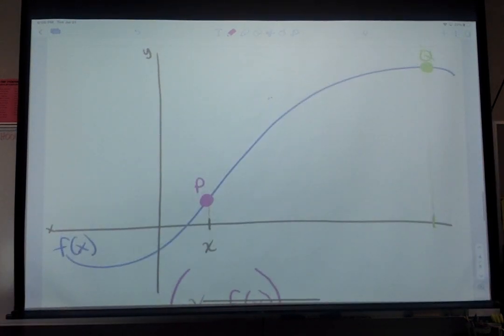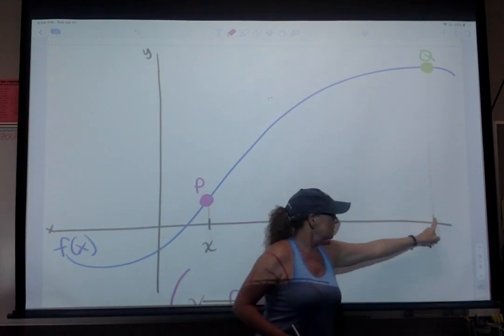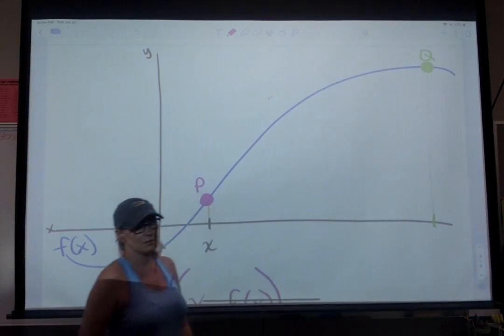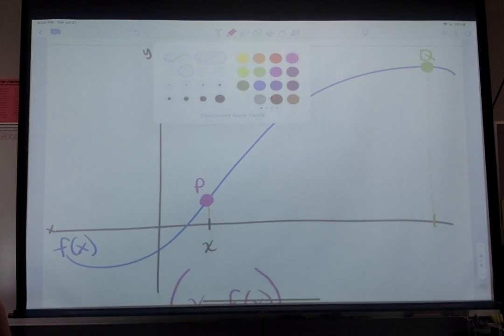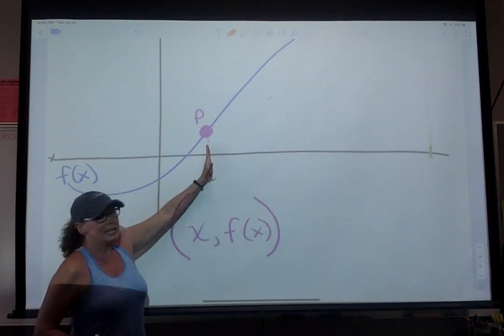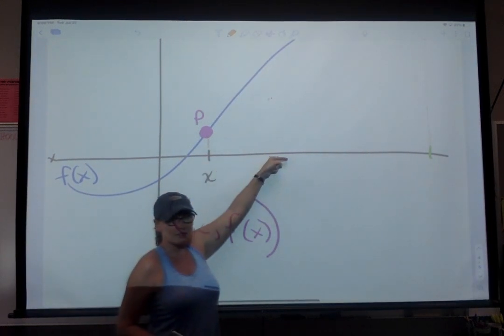All right. Now, let's go over to Q. I'm not going to tell you what this is. But here's what I'm going to say: starting here, scoot over on your x-axis.